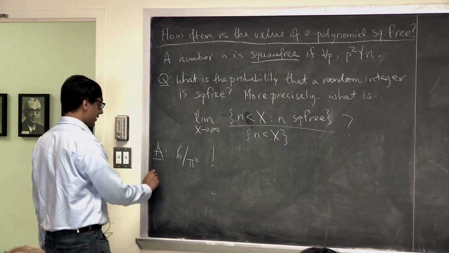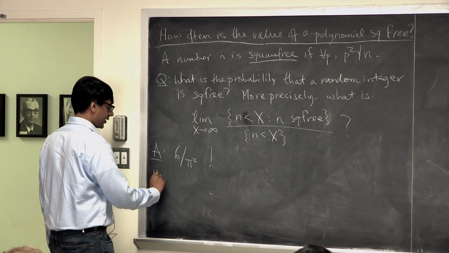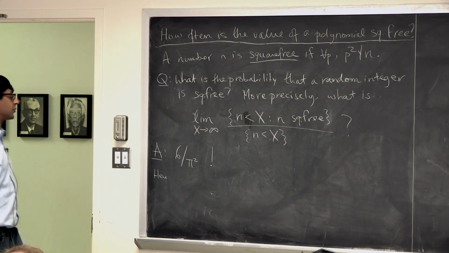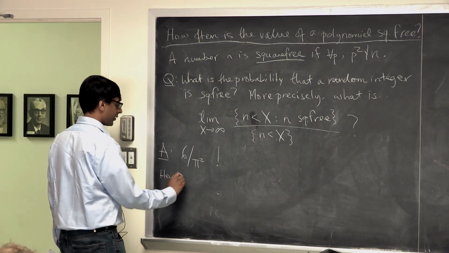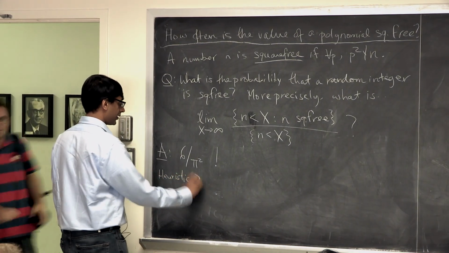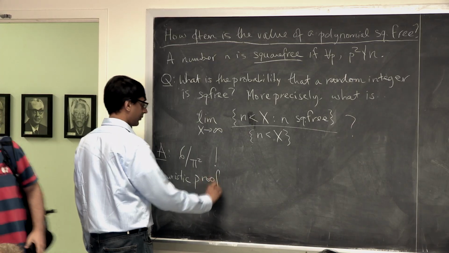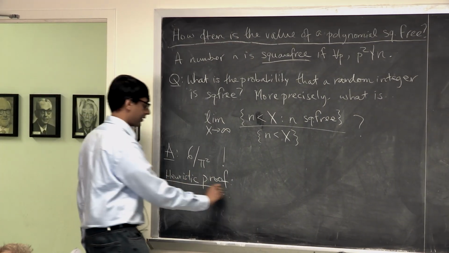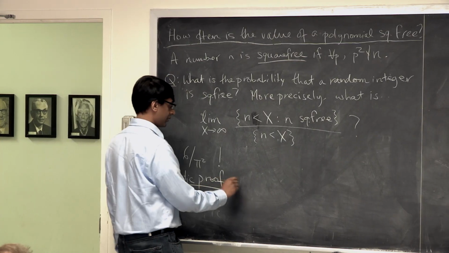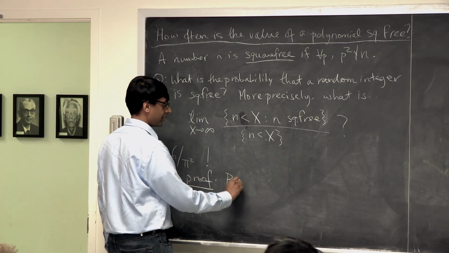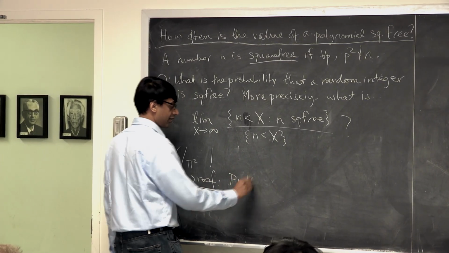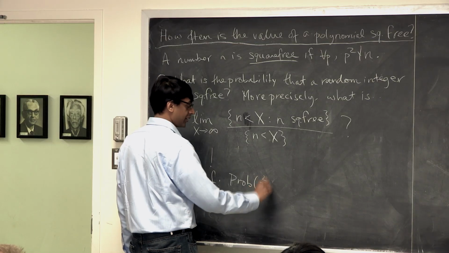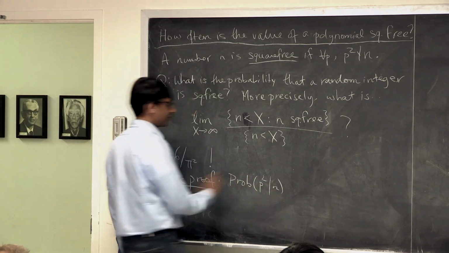And so why is that true? That's good to know before one starts thinking about values of polynomials. So why is that true? Well, the heuristic proof is that, well, the probability that p squared does not divide a random number n.